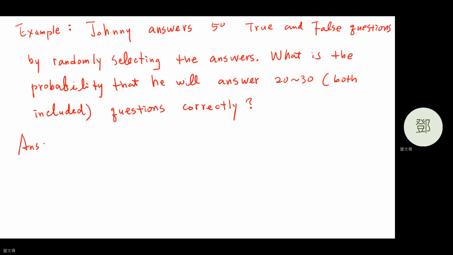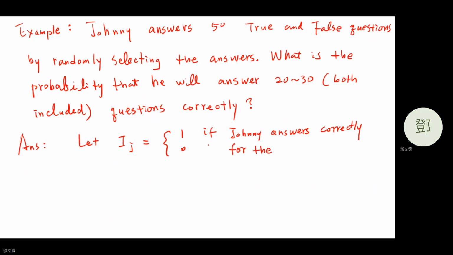Let Ij equal 0 or 1: 1 if Johnny answers the jth question correctly, and 0 otherwise. All right?